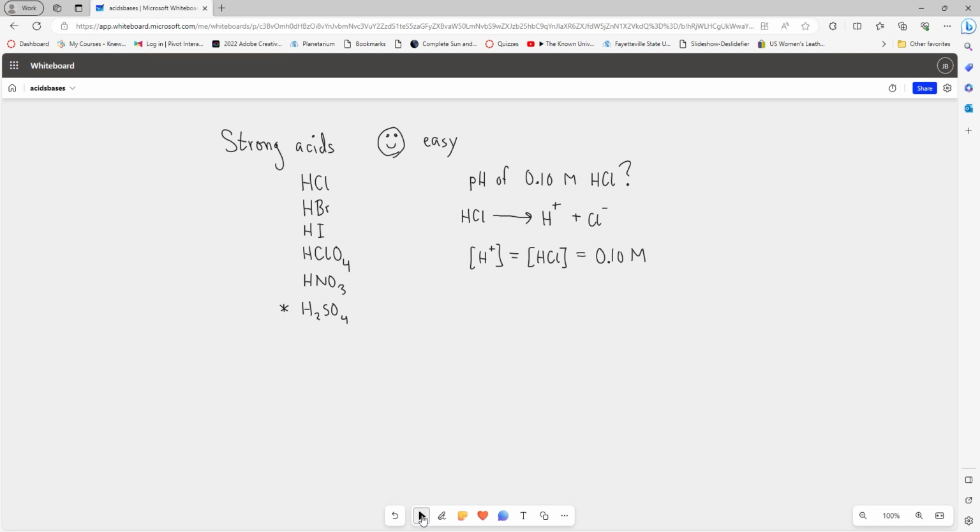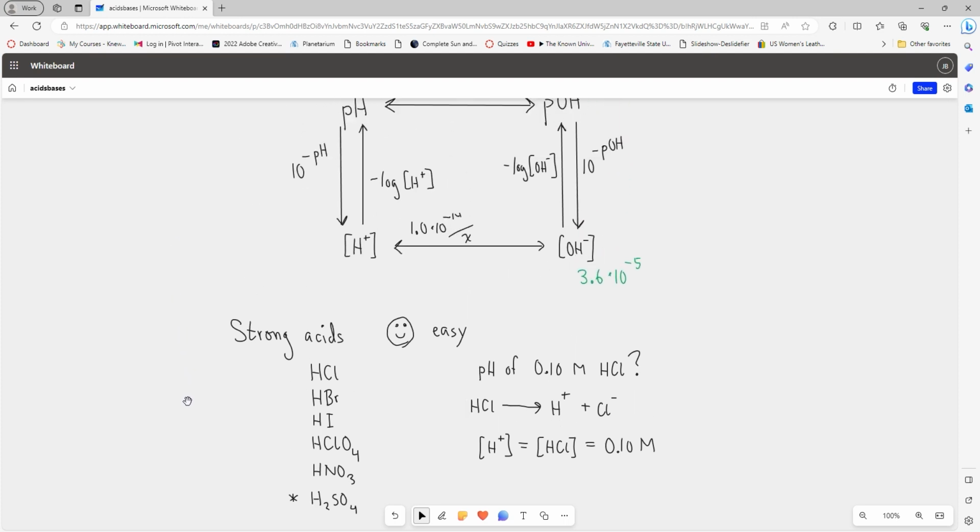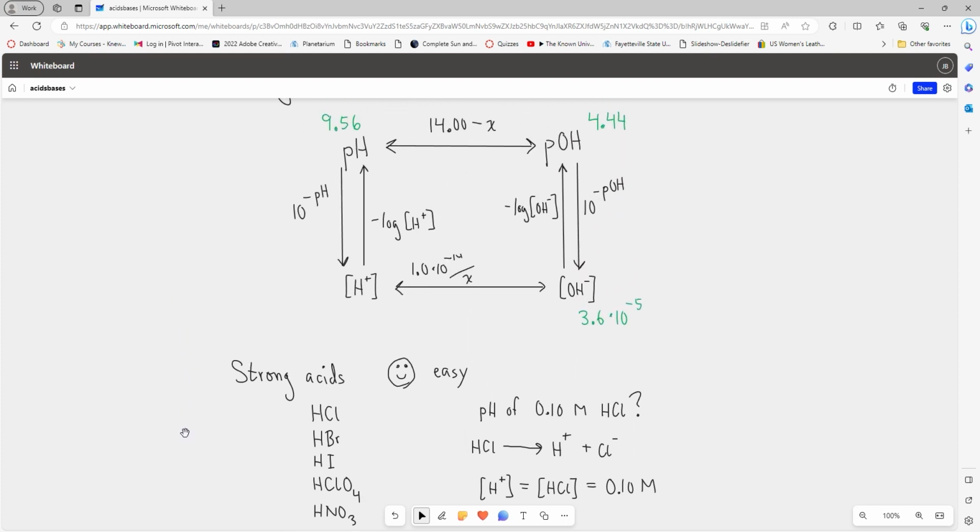So we're going to go to our magic square. We know the concentration of H+, point to it there, and we need to find the pH. There it is. And to go from one to the other, we use the minus log of H+.